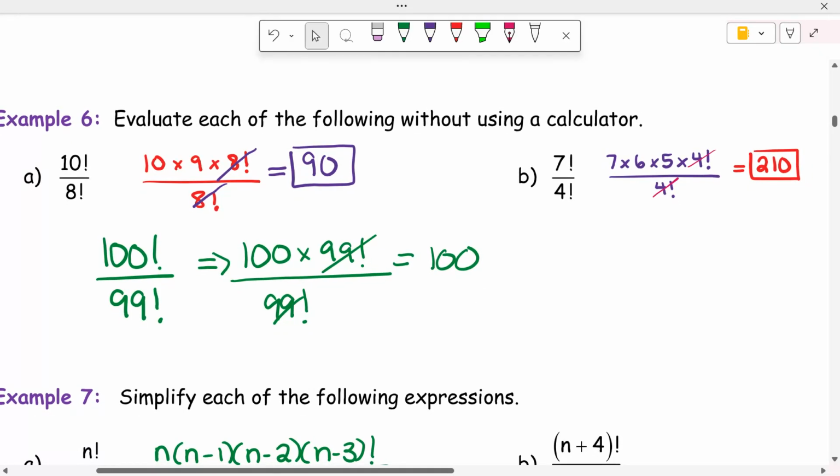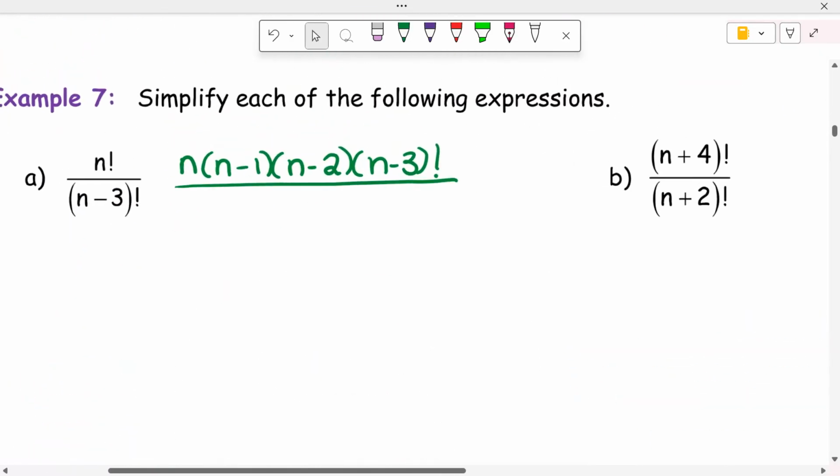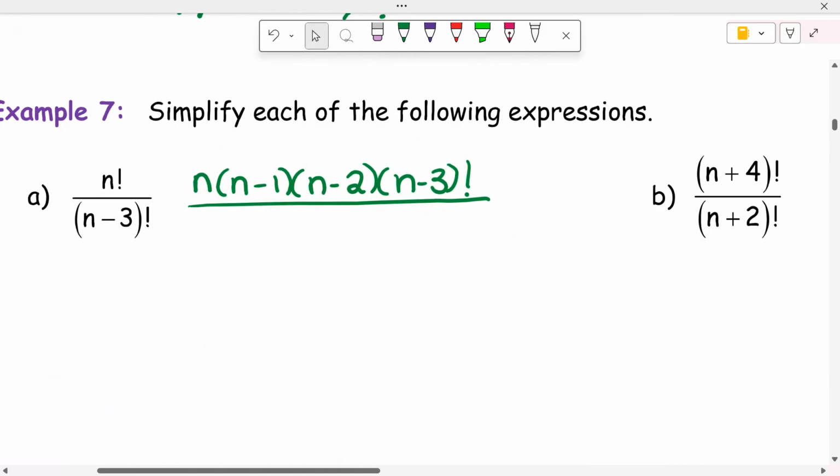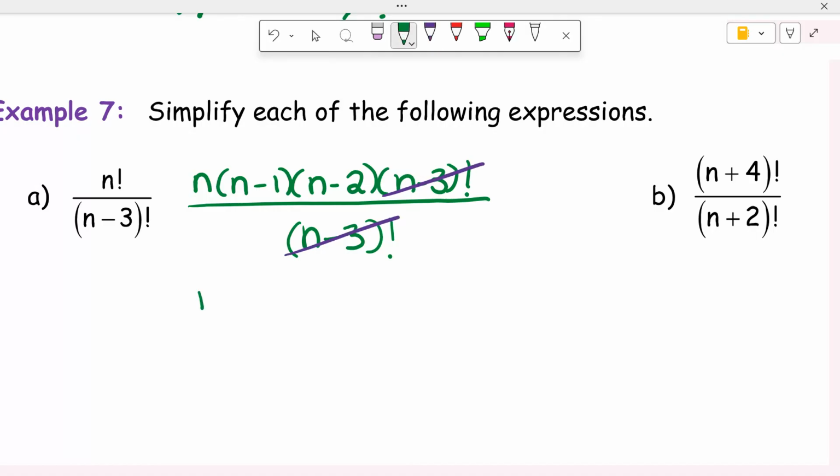Here I didn't go down, which is why there's still a factorial on top, and I have an n minus 3 still with a factorial. So are those factorials going to divide out now? Yes, because n minus 3 factorial divided by n minus 3 factorial divide out, and we're left with n squared minus n.